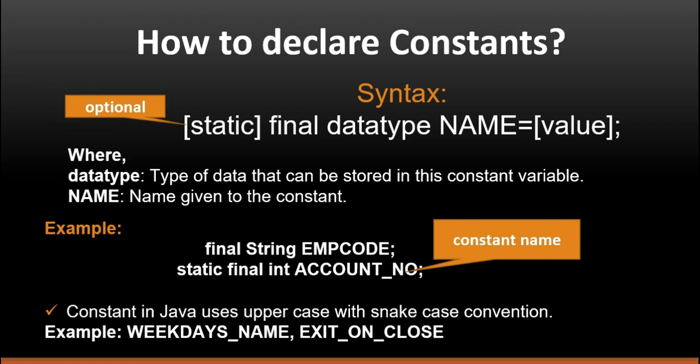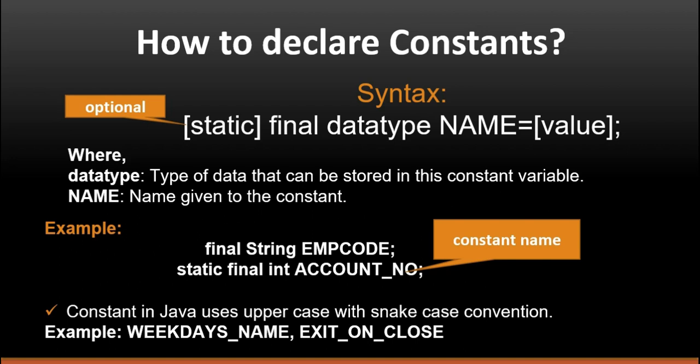Then if you want to create a constant, you have to use the keyword final. As soon as you give the keyword final, you can't modify the data of your variable. So here I have used the keyword final and the data type, the type of data which you want to store for that particular constant. And name is nothing but a variable name given to a constant.